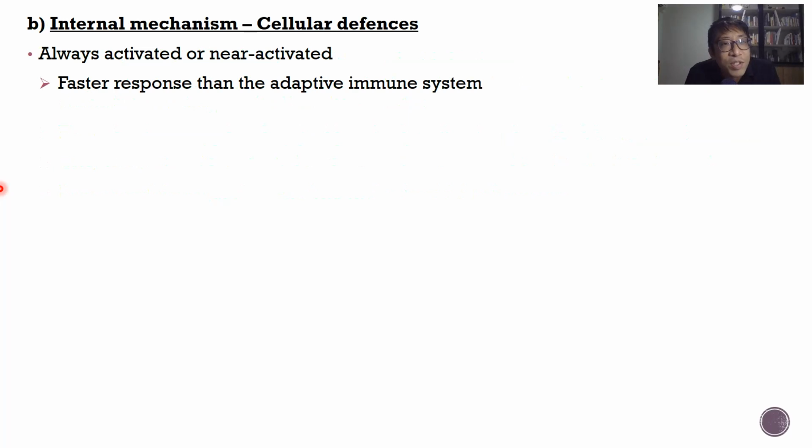Let me move on to the internal mechanism. When the pathogens do get into the body and break through the physical and chemical barriers, the cells of the innate immune system would respond the fastest, because the immune cells of the innate immune system are almost always active.